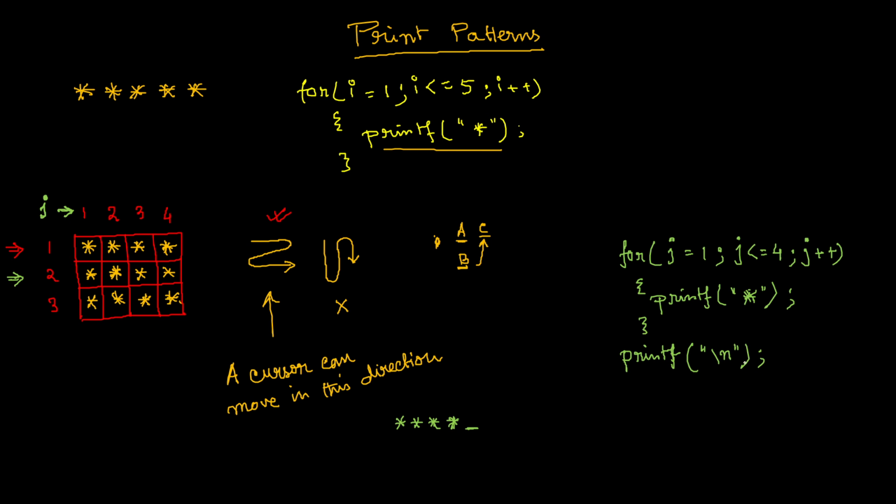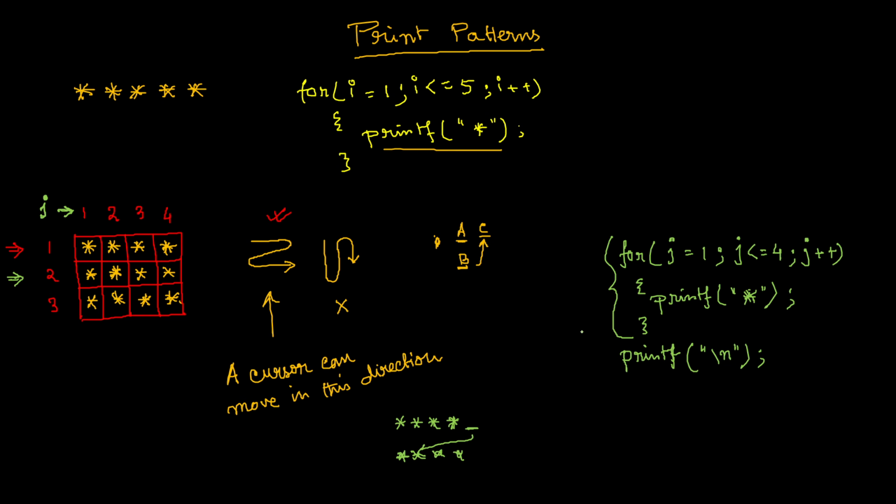When printf \n executes, the cursor changes its position from here to the next line and blinks over here. So when the cursor comes to the next line, if you execute this set of code again, what will happen? Again these 4 stars will be printed here, and that is what I want.